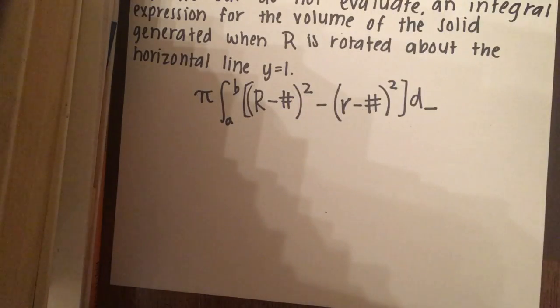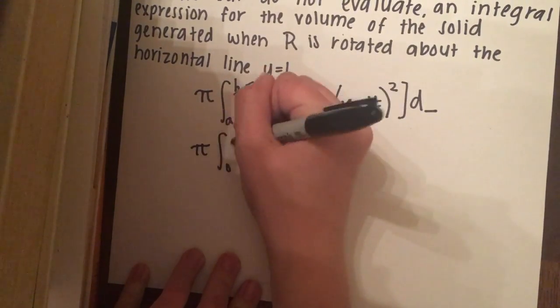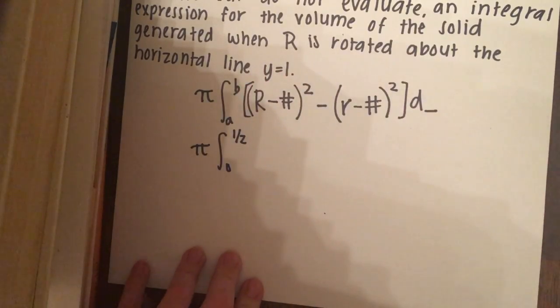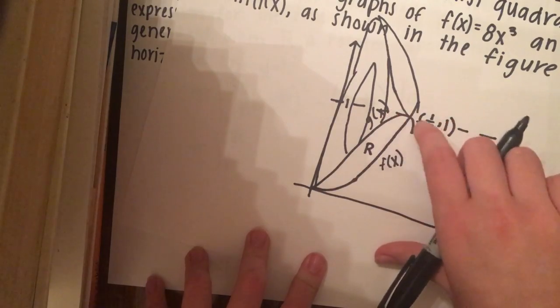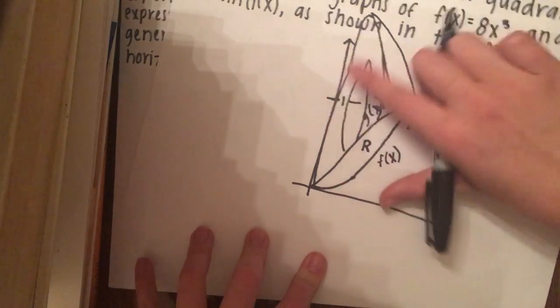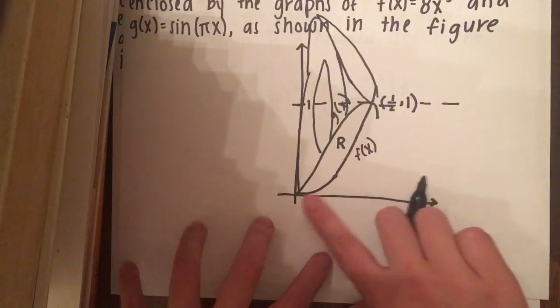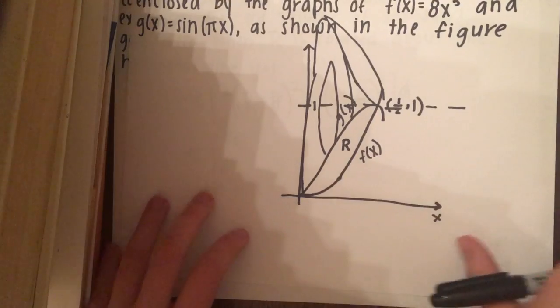Now for us, we already know what the interval is going to be, so we can just plug that in. And if you look at this, you can see that this is going to be the inner radius, and that's the outer radius, because when you're rotating it, this is going to go over, if that makes sense. So the outer radius is going to be the 8x cubed function.